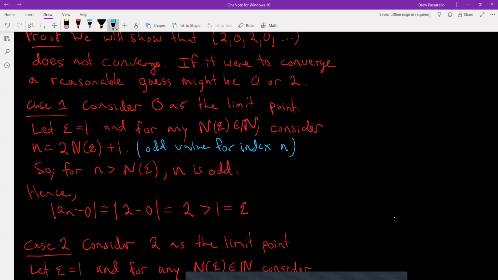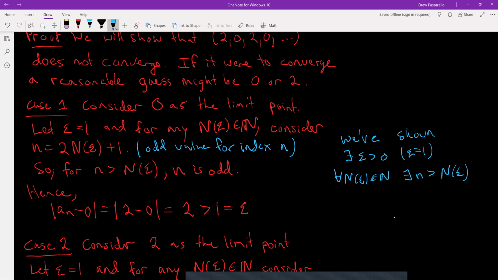So this case means we've shown there exists an epsilon greater than 0, namely epsilon is 1, so that for all capital N in the natural numbers, there exists little n bigger than capital N, and this little n we were using to be the odd values, n equal to 2N plus 1.